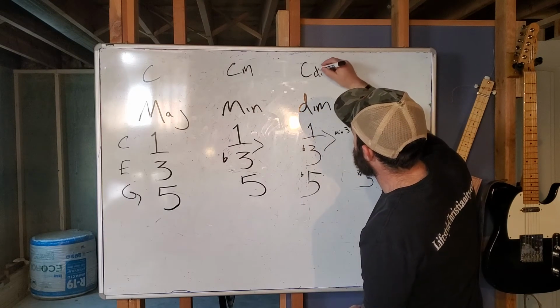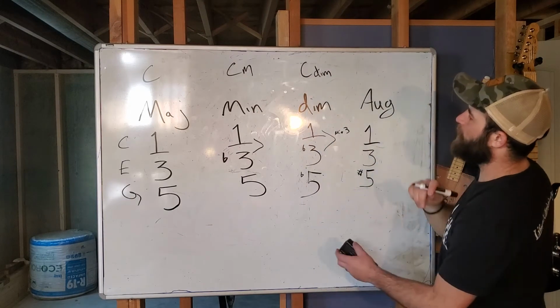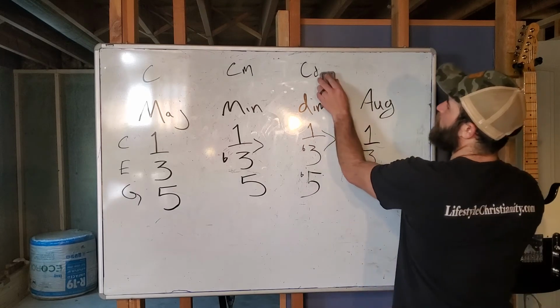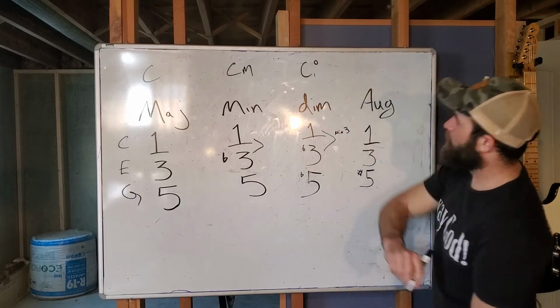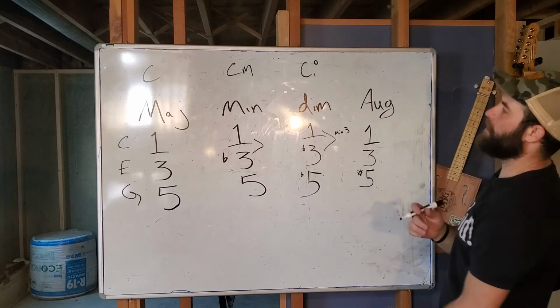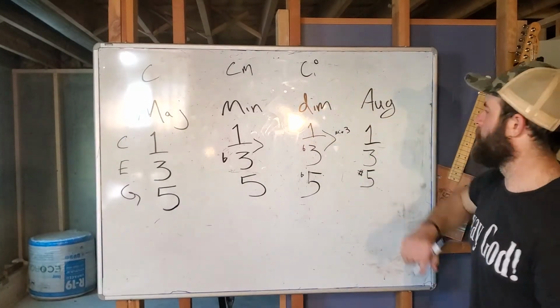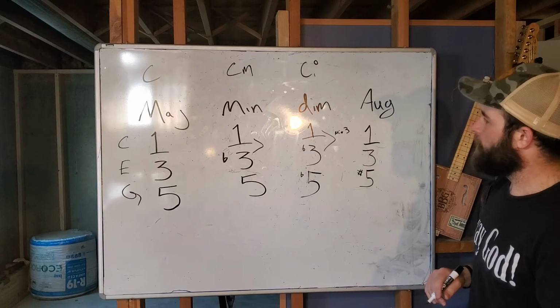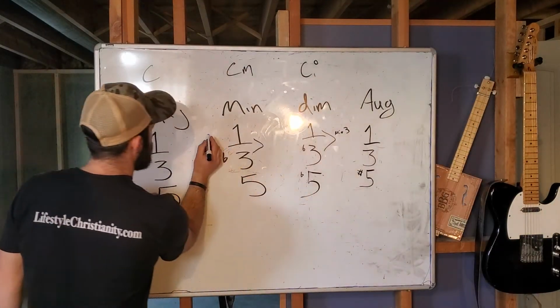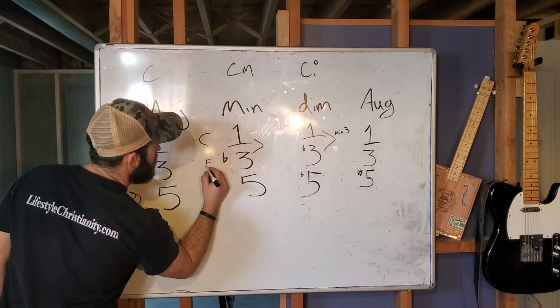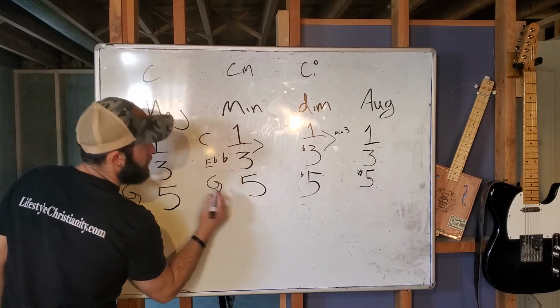C diminished, you'll see a dim symbol like that, or you might simply see the circle. I kind of like the circle, it's lazier, it's easier to do. So, I was going to write this down for you. C, E flat, G for your minor chord.